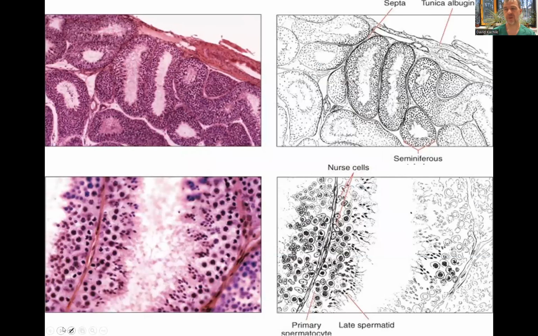When we come to hematoxylin eosin stained slides, here on the surface we can see the tunica vasculosa, and then the convoluted seminiferous tubule, and the interstitium in between.